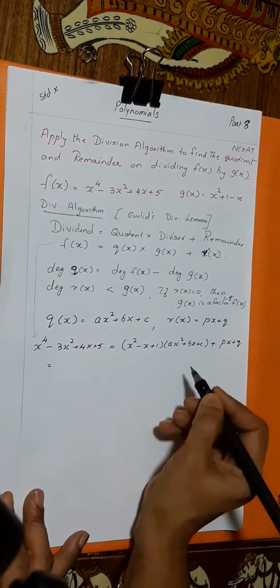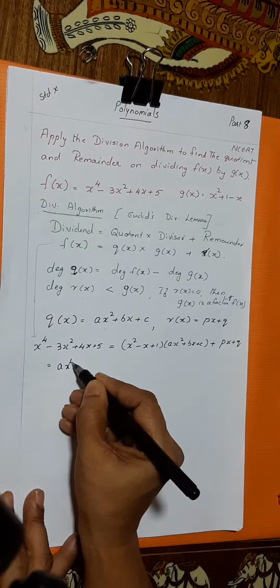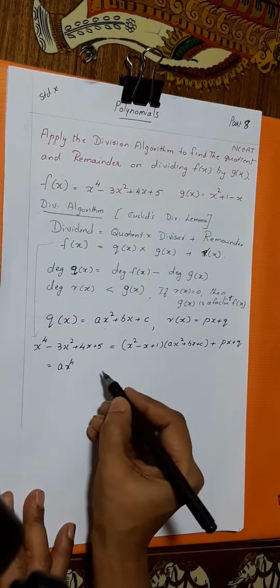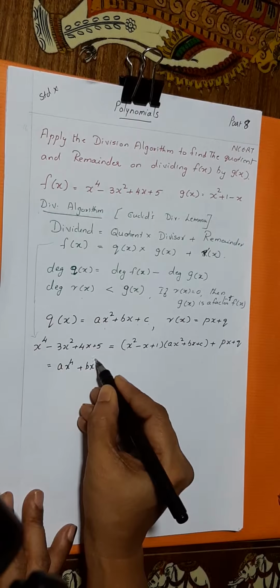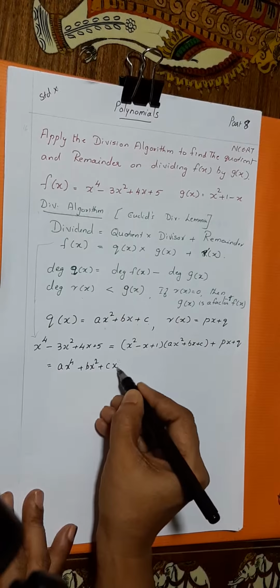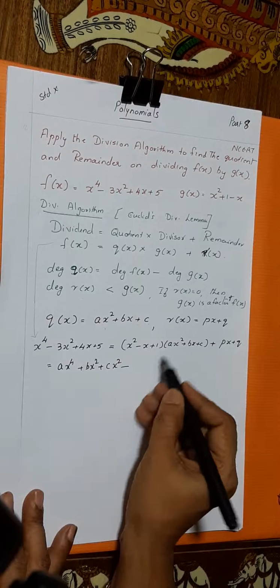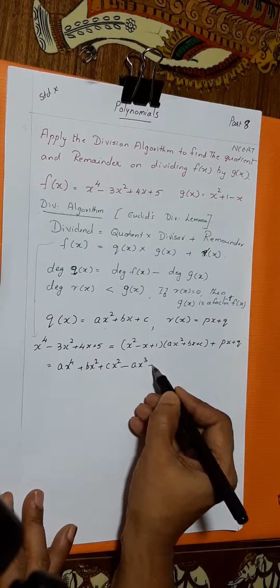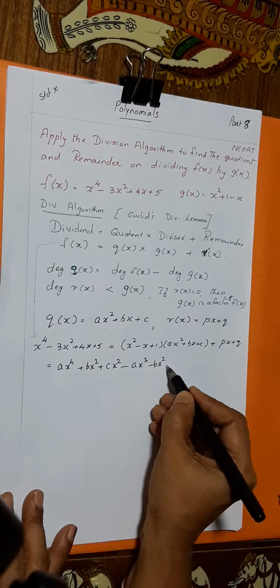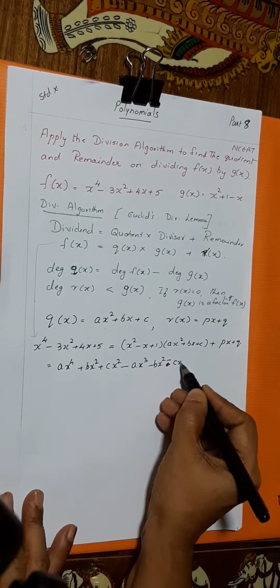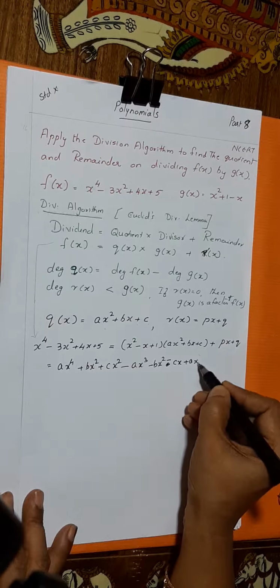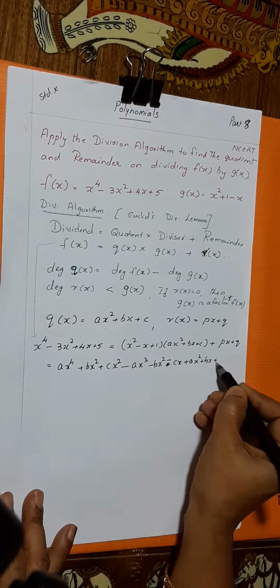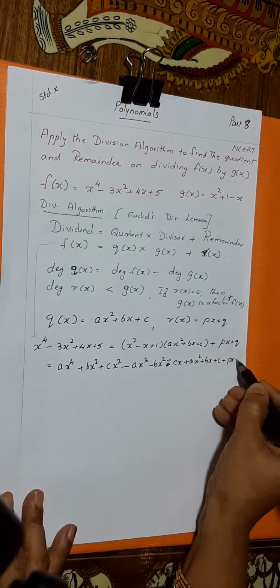I will get ax to the power of 4 plus bx cube plus cx squared minus ax cube minus bx squared minus cx plus ax squared plus bx plus c plus px plus q.